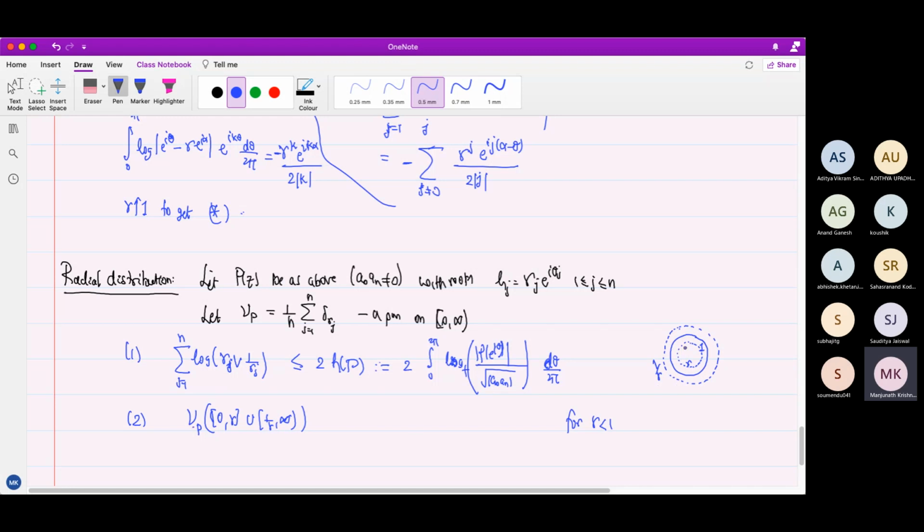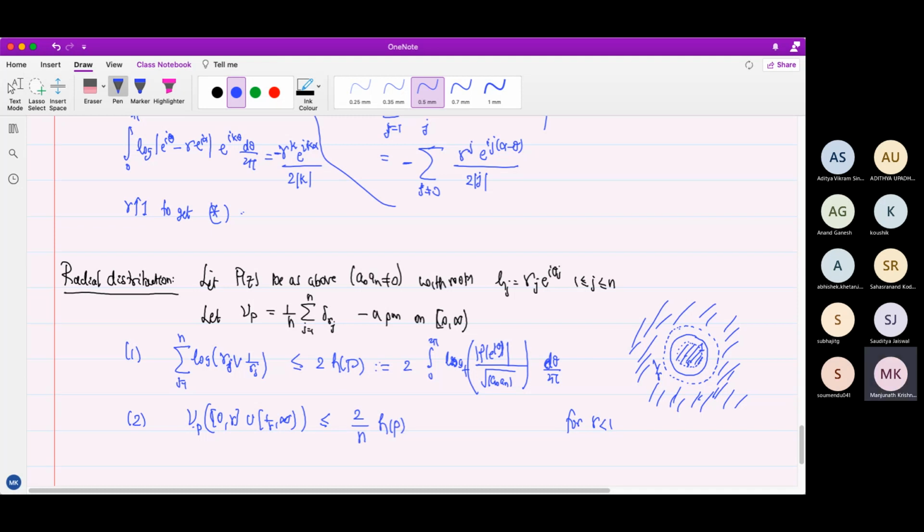It is the proportion of roots which lie inside here. What is nu_p of 1 by r to infinity? It's the proportion of roots that lie outside this bigger circle. So this should be small. If you want to say all roots are close to 1 in absolute value, this is the proportion we want to say is small.